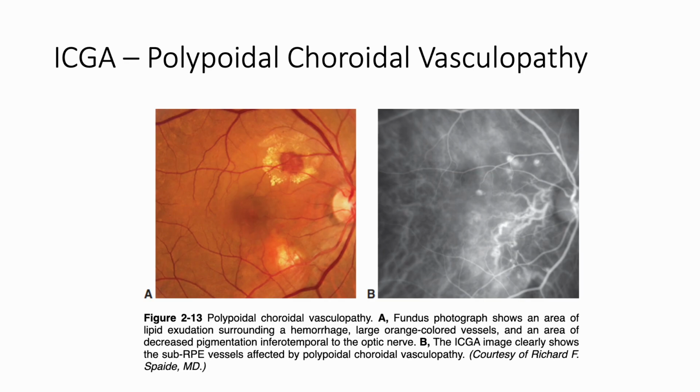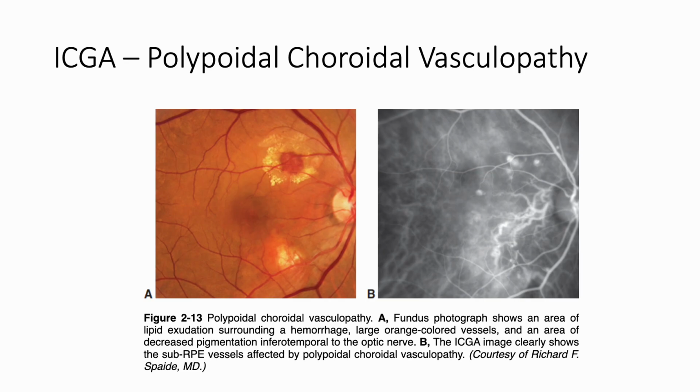Panel A shows a color fundus photograph demonstrating characteristic clinical features of polypoidal choroidal vasculopathy. There is an area of lipid exudation surrounding a hemorrhage, along with prominent orange-colored subretinal vessels. An area of decreased pigmentation is also visible inferotemporal to the optic nerve, suggesting underlying choroidal pathology that is not fully defined on color photography alone.